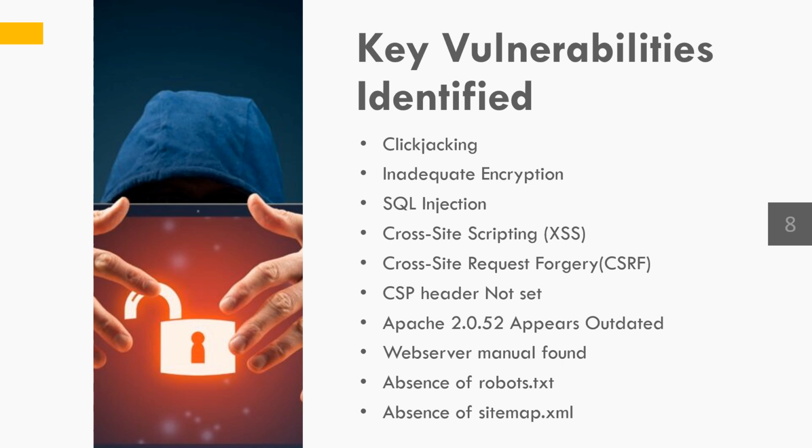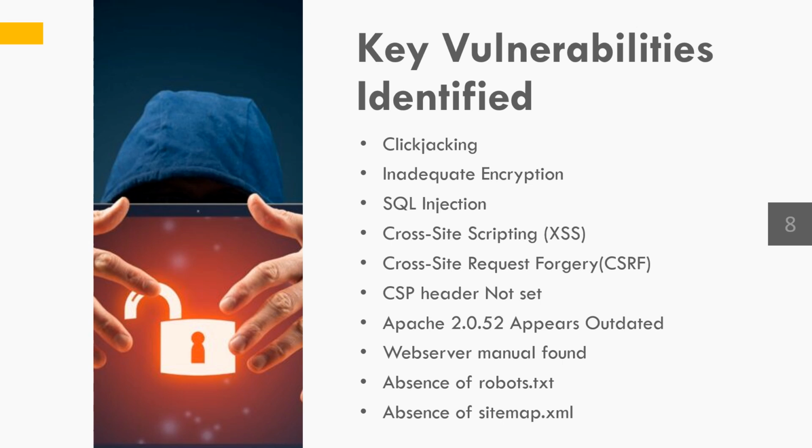SQL injection: malicious queries target databases, potentially exposing or altering sensitive data. Cross-site scripting: injected scripts can hijack sessions, alter content, or redirect users to malicious sites. Cross-site request forgery forces users to perform unauthorized actions in authenticated sessions. CSP header not set.